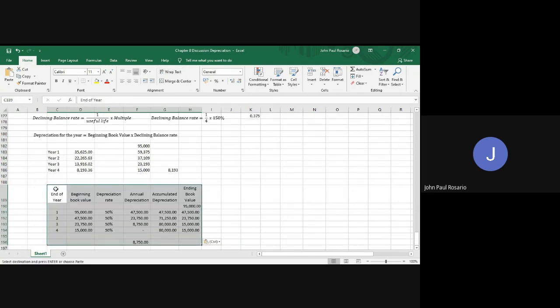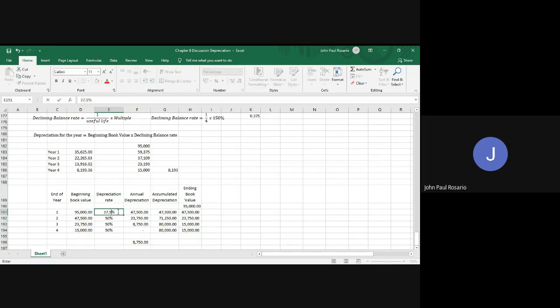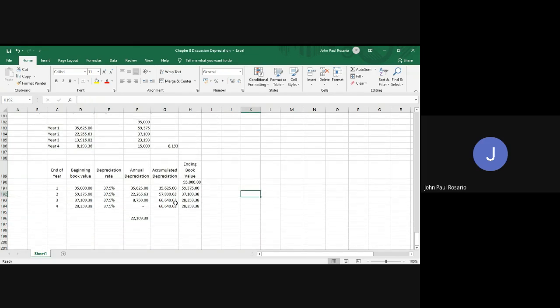Okay, and then our depreciation rate is 37.5%. Let's just add 1. So here, our annual depreciation should be here.